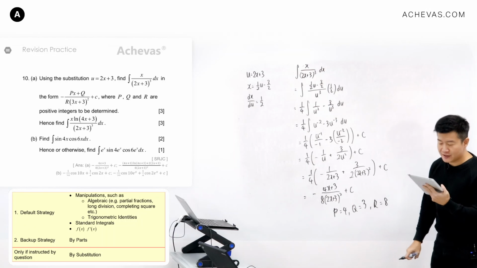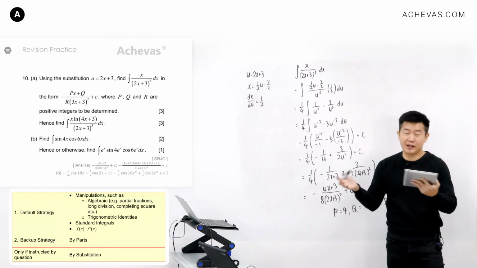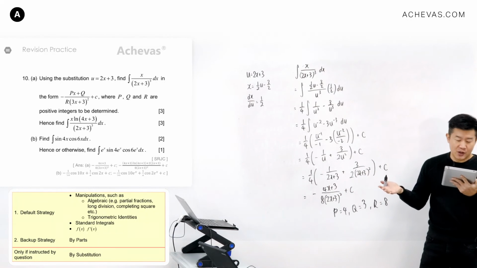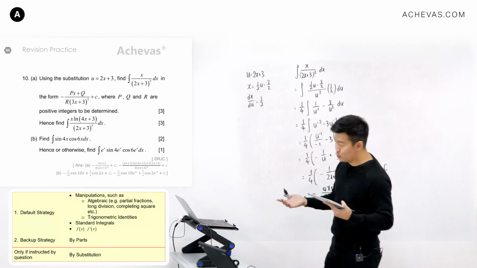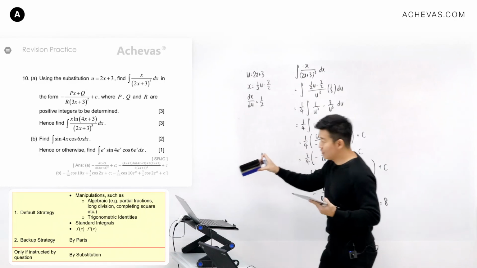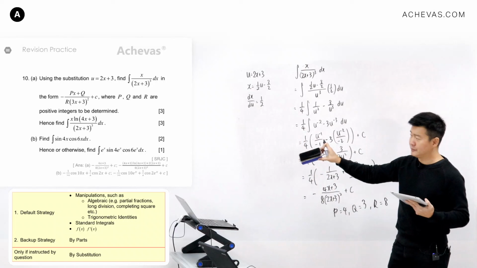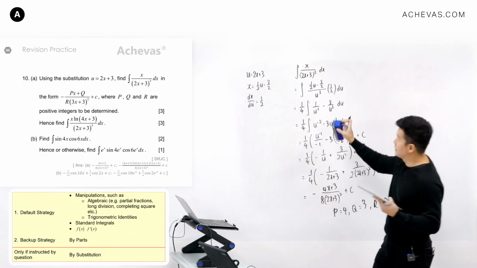And hence the question says we are supposed to integrate that, and in this case, we are definitely going to be making use of integration by parts, because it looks too complicated for any of the standard results or f prime x over f x to be applied.